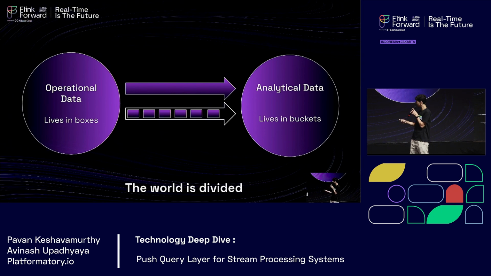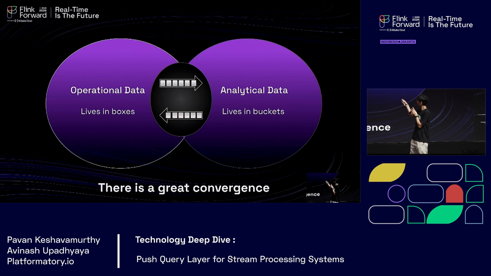And that's kind of where you have a lot of plumbing in between. And that plumbing is usually streaming systems like Kafka. In other words, the domain of real-time processing that we're talking about, it could be Kafka Streams, it could be Flink, or any other stream processing systems, actually work on and operate on data in motion, which is really the data exchange layer between operational systems and analytical systems.